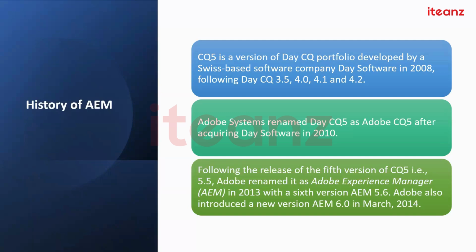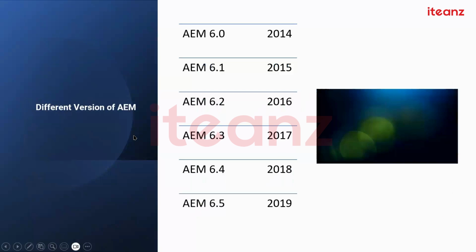What Adobe is doing now is they are not going to upgrade the version to 6.6; I don't think it's going to come. They keep on giving patch updates using service packs, and by installing service packs we can upgrade our system. Let me cover the cloud eventually.